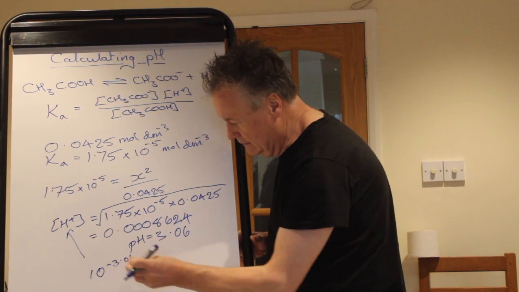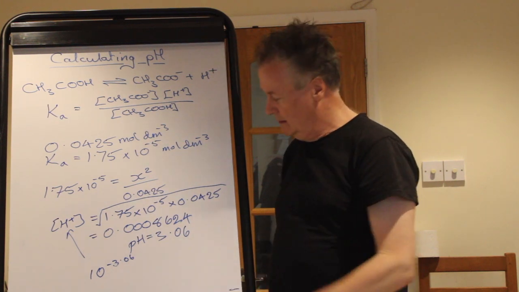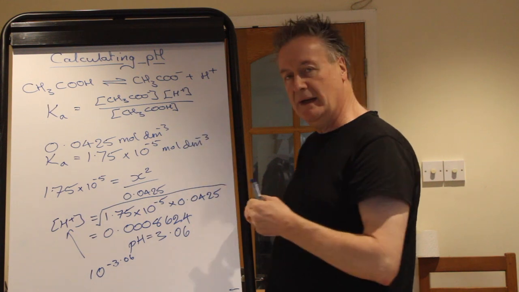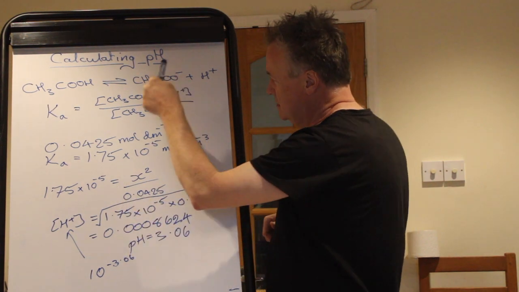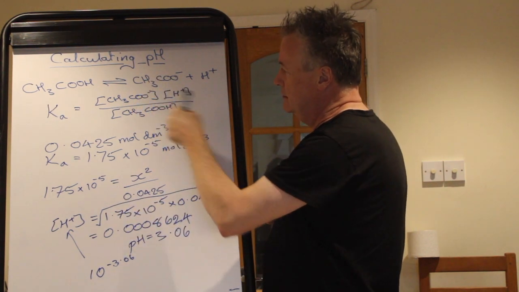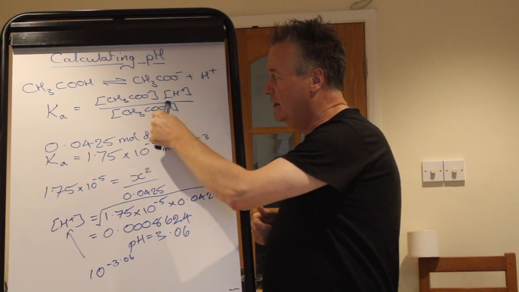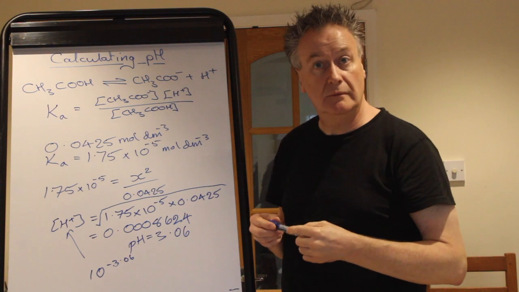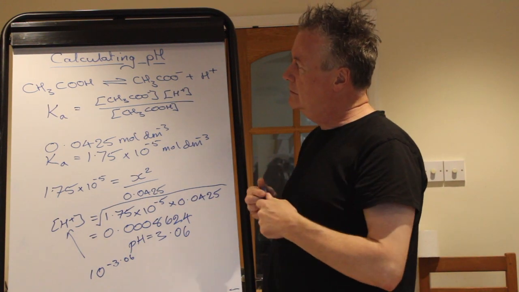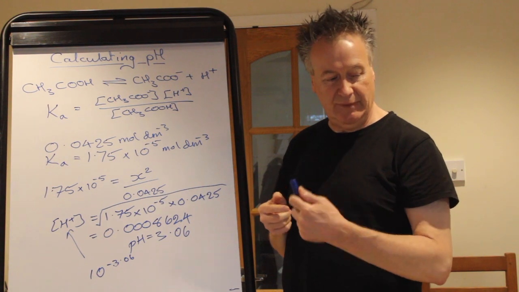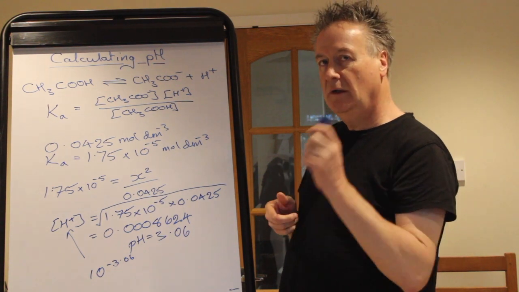And then you can work your way back through because the hydrogen ion concentration is the same as that. There we go. So that allows you to do weak acids, which is the remaining part of question 1.